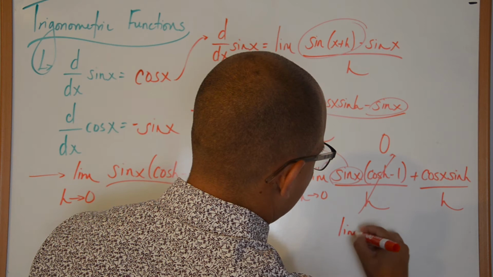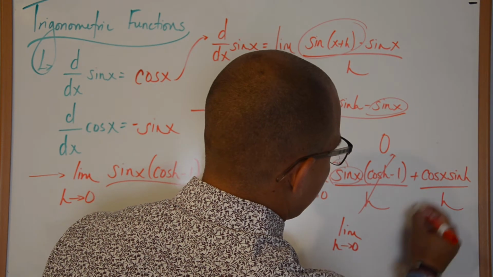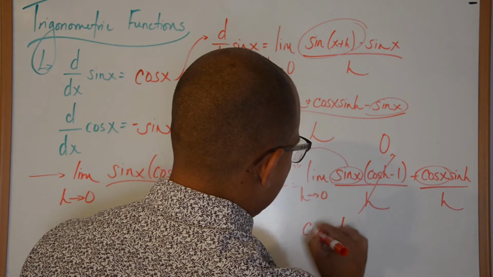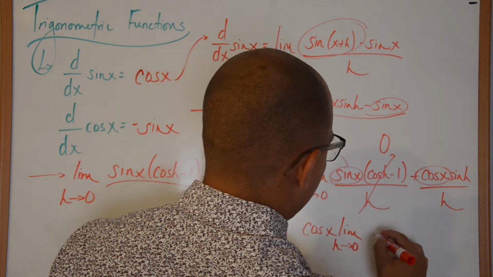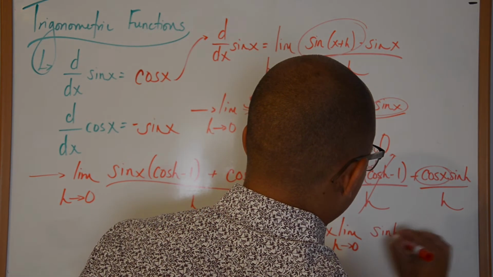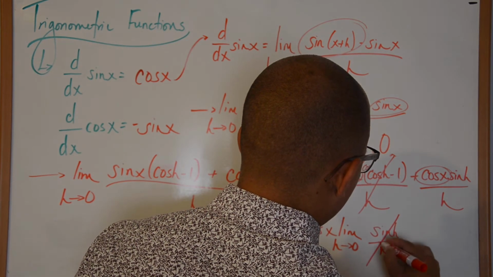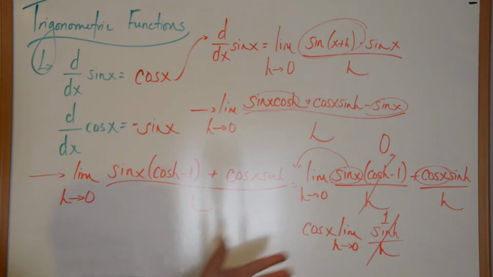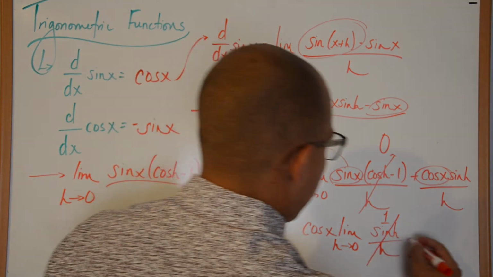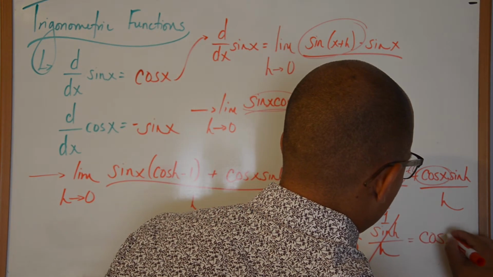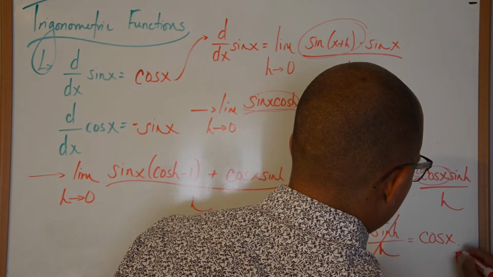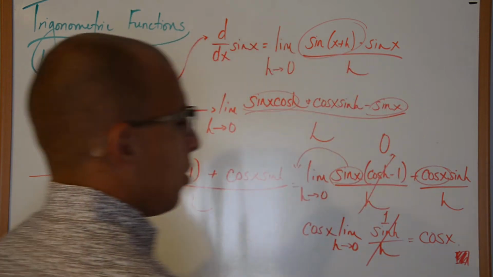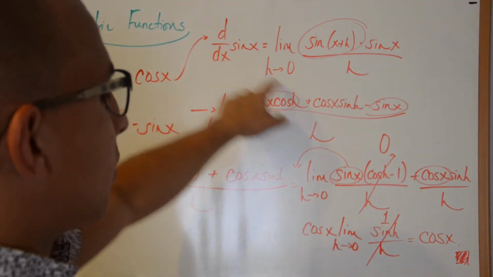So the limit as h approaches 0, we can pull out cosine of x, since it's acting as nothing more than a scalar multiple, sine of h over h, which if you refer back to that expression, would be equivalent to 1, thus leaving cosine of x, which would validate the derivative of sine x.